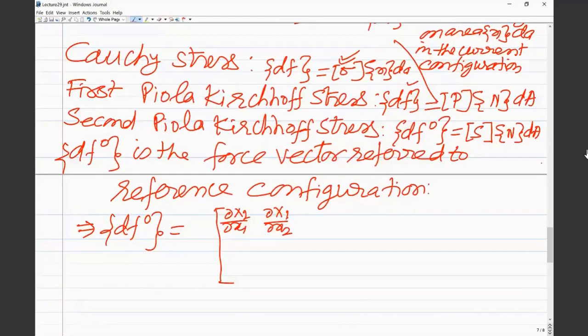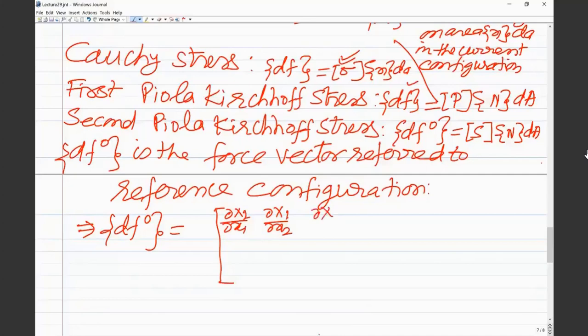Yeah, sorry. So I can use the inverse deformation gradient to relate the force in the reference configuration in terms of force in the current configuration. The force actually is acting in the current configuration, but we are referring it to the reference configuration and relating this to the force in the current configuration through this inverse deformation gradient. We assume that it translates exactly like differential elements in the reference and current configurations.